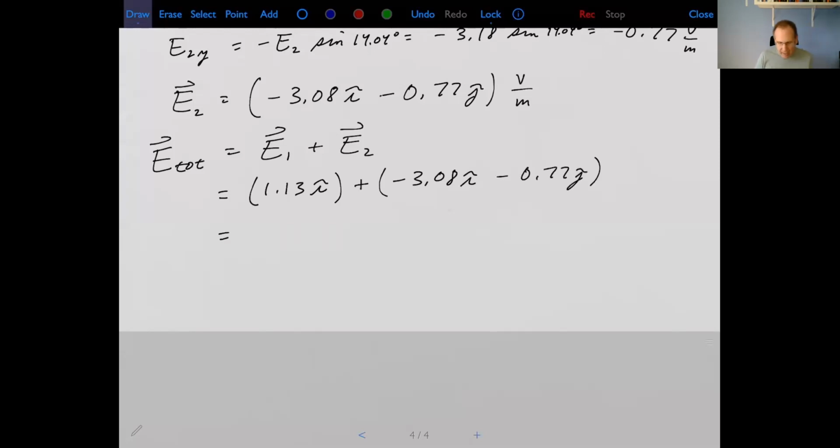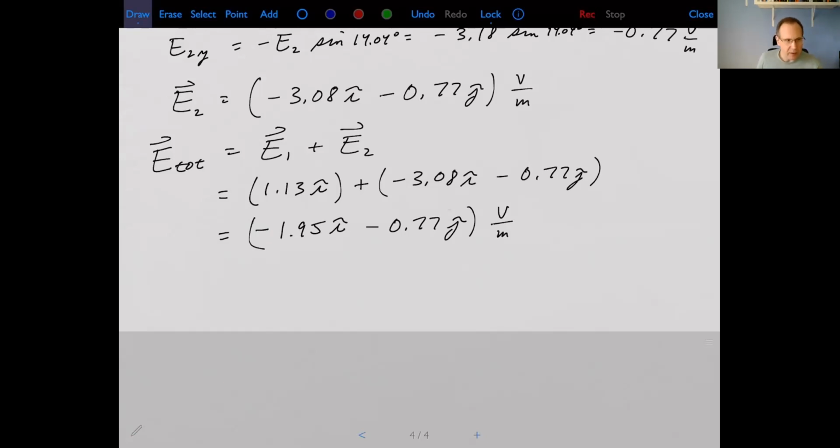So if I combine the i's, combine the j's, there's only one j, don't have to really do much. Let me grab my calculator. In this case, this is going to be 1.13 minus 3.08. So it'll be negative 1.95 i hat. And then the j hats, there's only one, right? So negative 0.77 j hat. And again, this is volts per meter.